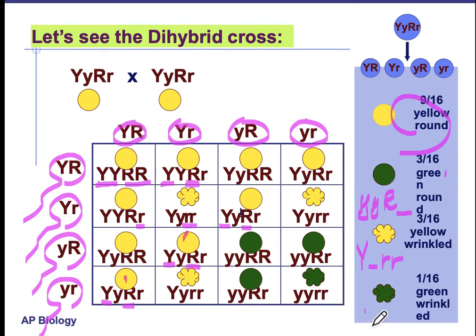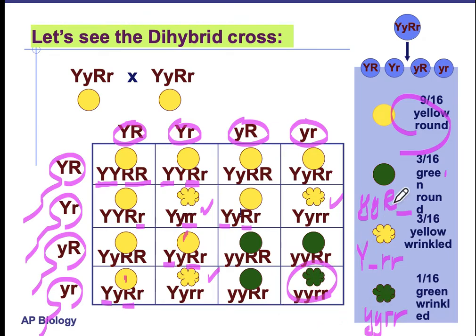And then down here, they all have to be recessive alleles to show the green and the wrinkled. So if you're looking through the box, you look for a dominant Y with 2 lowercase r's, or 2 recessive R's. You have this one, and this one. And there's only one double recessive with the green and the wrinkled alleles.